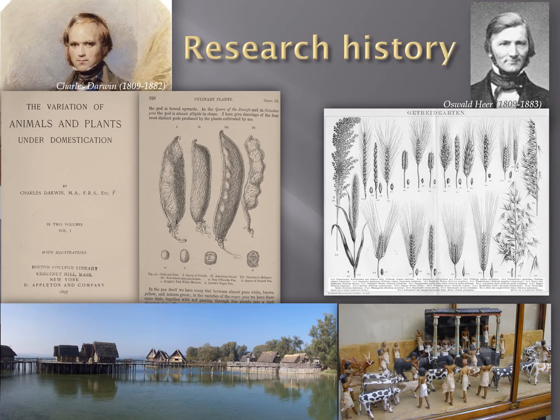The Swiss paleontologist and paleobotanist Oswald Heer was the first to investigate plant remains from an archaeological excavation. For more than 100 years, the primary interest in plant remains centered on the evolutionary history of crop species.